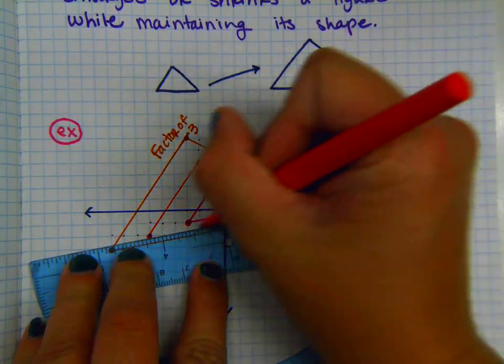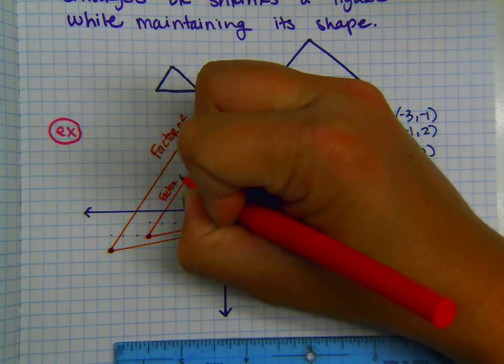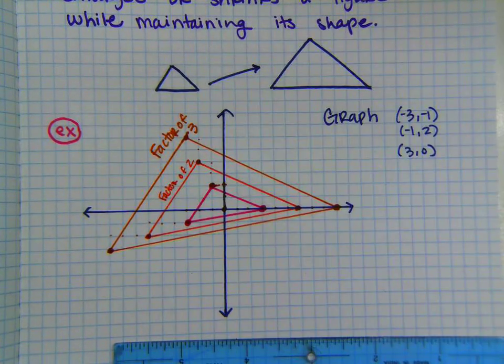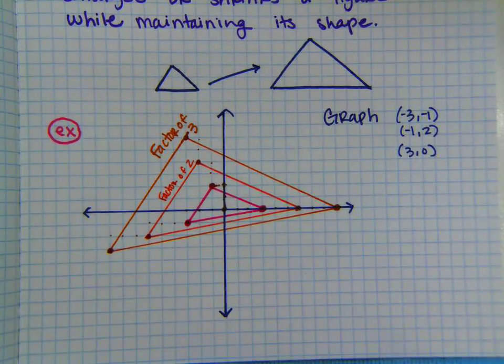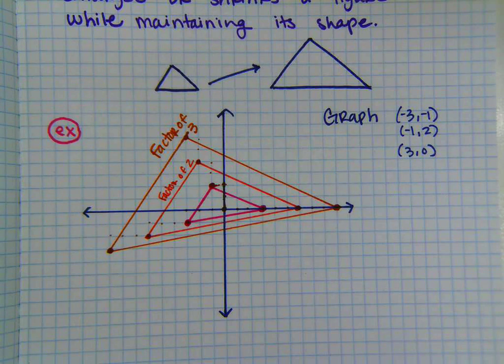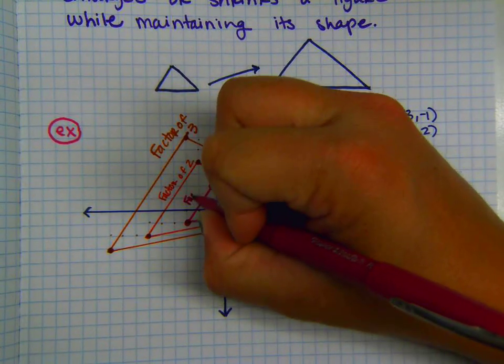So that's a factor of 2. And then I want you to think of what that original triangle is, what that factor is for the original triangle. The original triangle is actually a factor of 1.